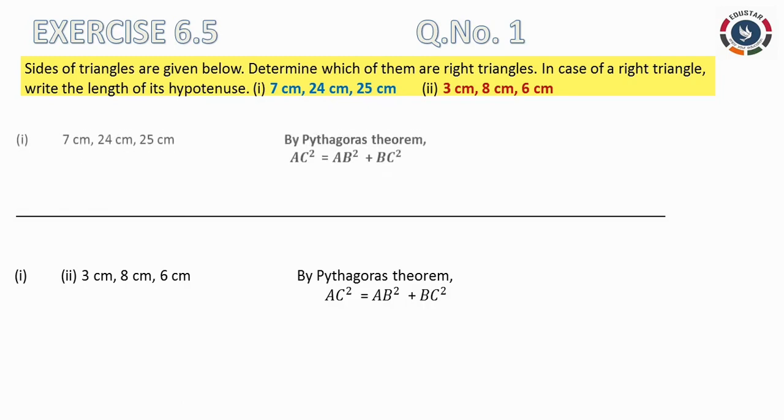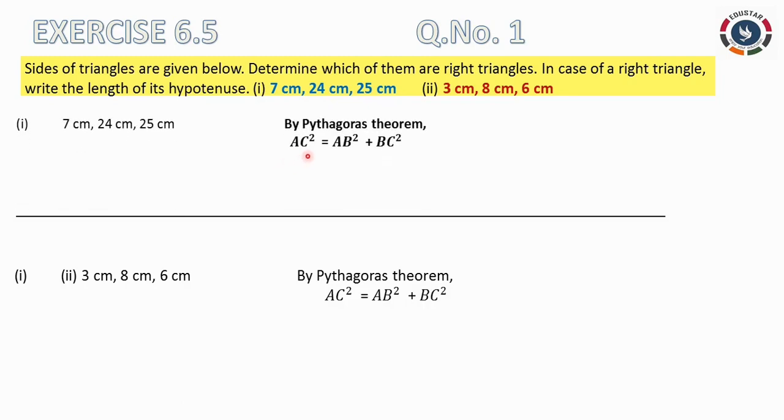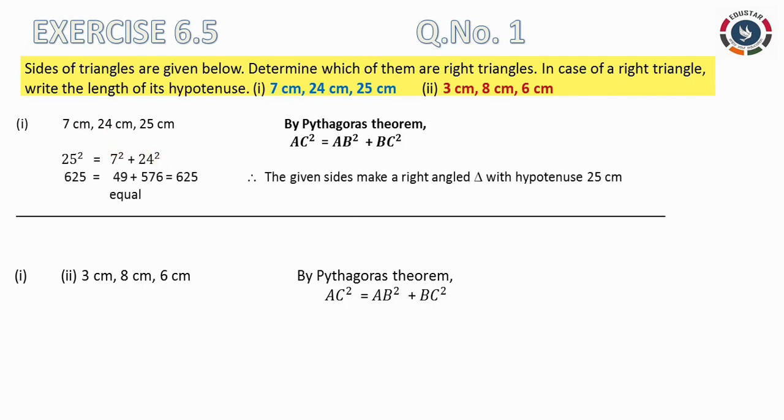Let us try by the Pythagoras theorem. What is that? AC square, which is equal to AB square plus BC square. AC means what? Length of a hypotenuse. Out of 3, which is hypotenuse? 25. So, what is the 25 square? And that can be equal to 7 square and 24 square. So, 625, which is equal to, what is 7 square? 49. 24 square? 576.